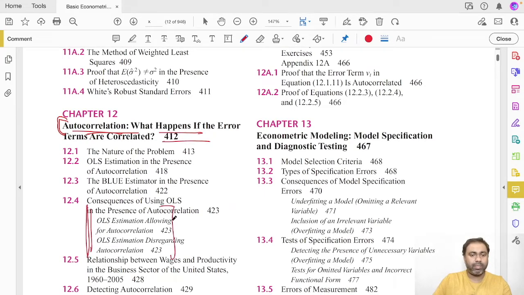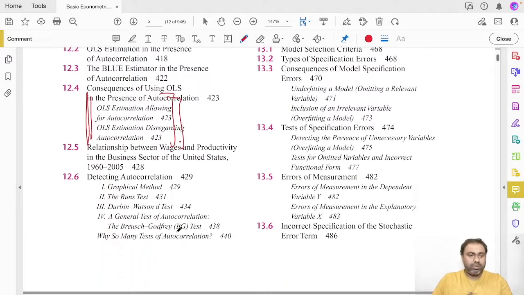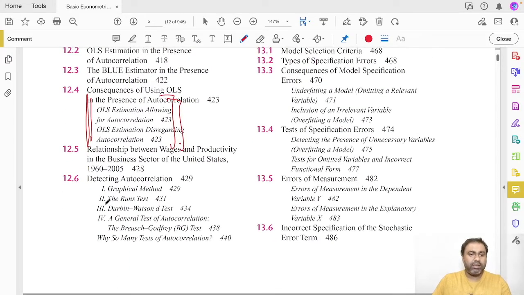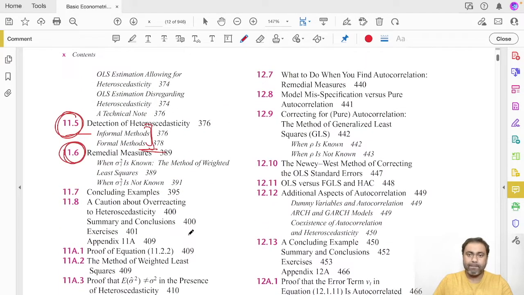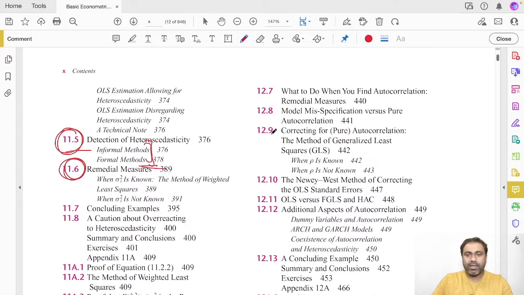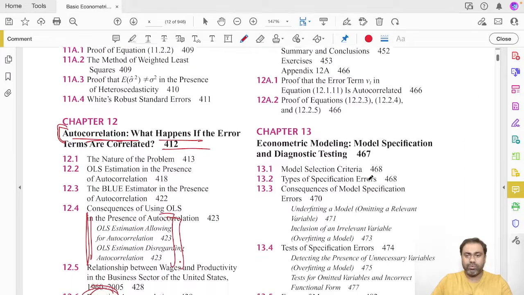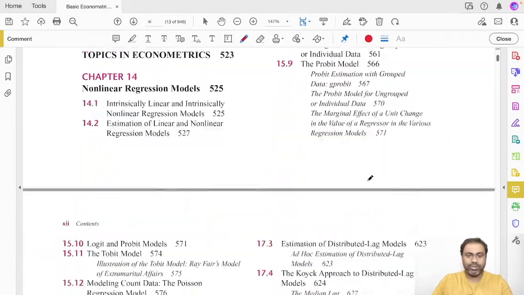Okay. So when we talked about detection, here they have already given detection of autocorrelation like the Durbin Watson test or BG test. Again, 2.9 pure autocorrelation, generalized least squares. Just go through once. The rest you don't have to do anything.